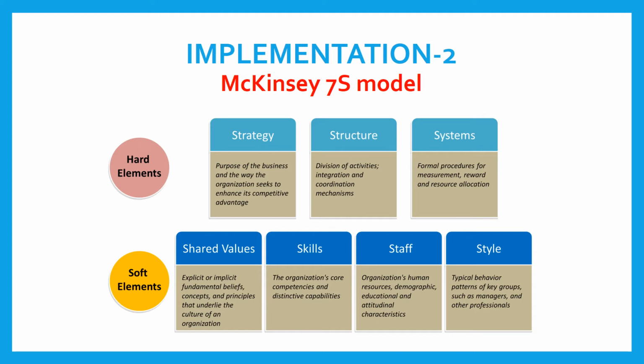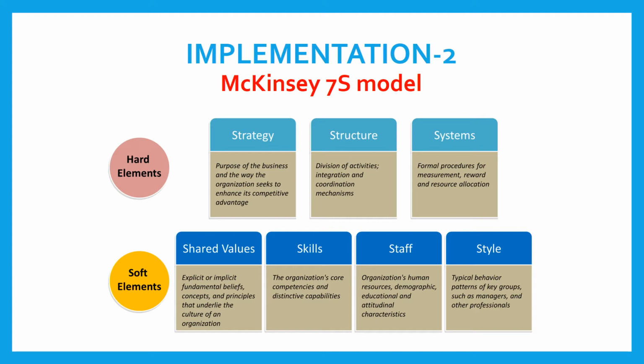In addition, I would say in structure, what kind of structure do we need to execute the strategy? In systems, what business systems do we need to use or invest in to execute the strategy?